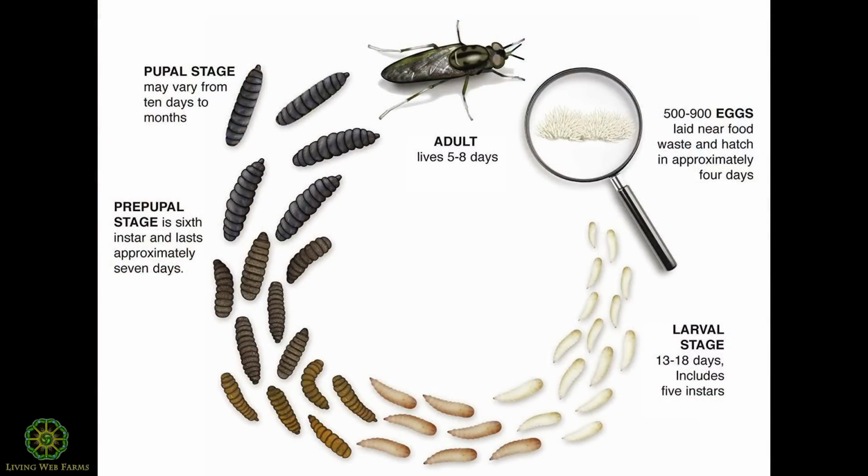It basically looks like a wasp that lays larvae. It's a fly that does a lot of amazing things, will outcompete other flies, and will decompose rotting food really fast. The fly lays eggs, which turn into larvae.